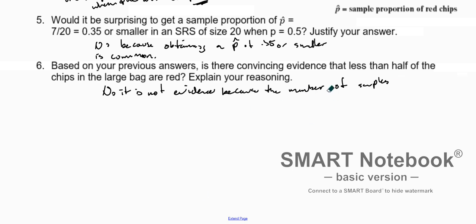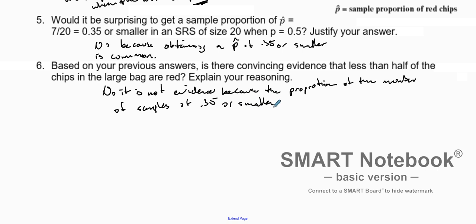Because the proportion of the number of samples of 0.35 or smaller is large. Or you could just say no, it's not very common.